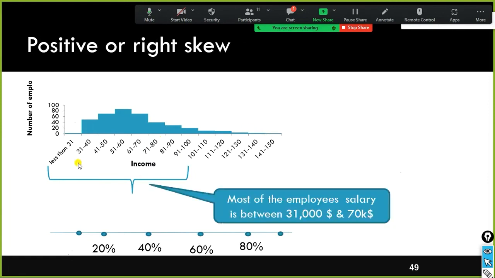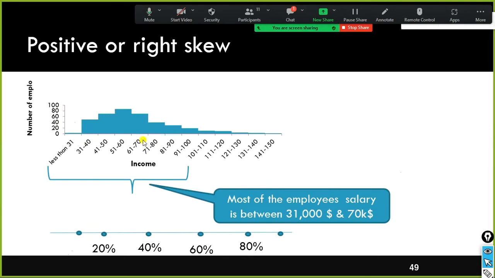Look here, the tallest bar: most of the employees, 80 employees, 60 employees, most of the employees' salary is between 31,000 and 70,000.